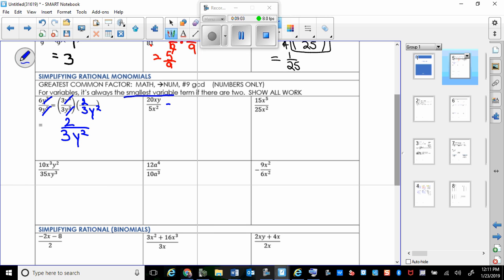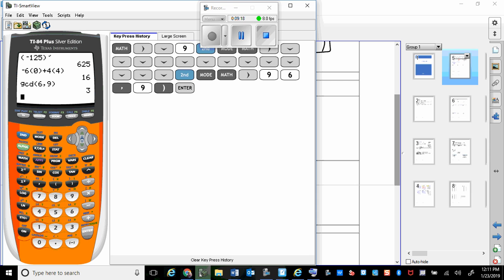So we're working with numbers and we're working with variables. So greatest common factor comes first. So with the numbers, greatest common factor is probably going to be, let's see, I already know what it is, but we'll check. 20 comma 5.